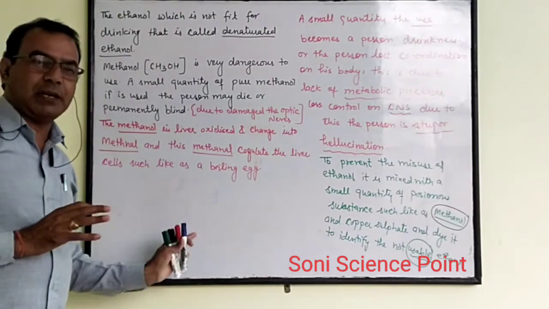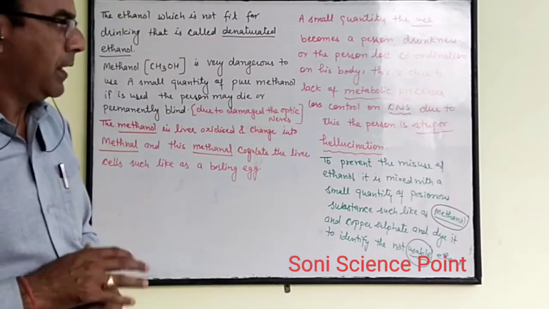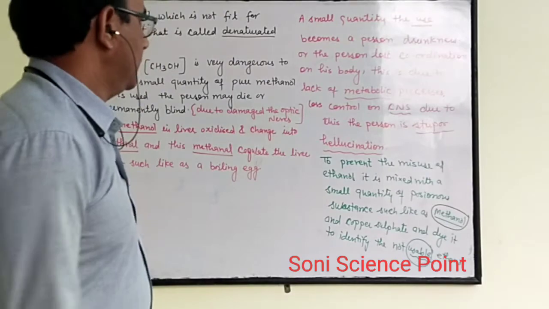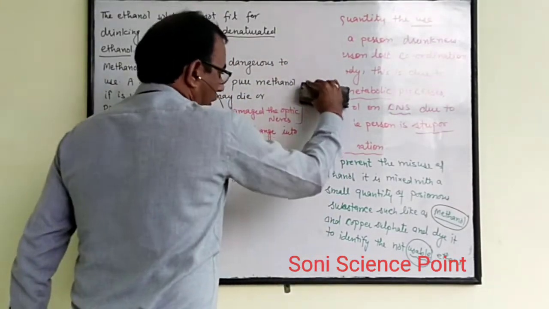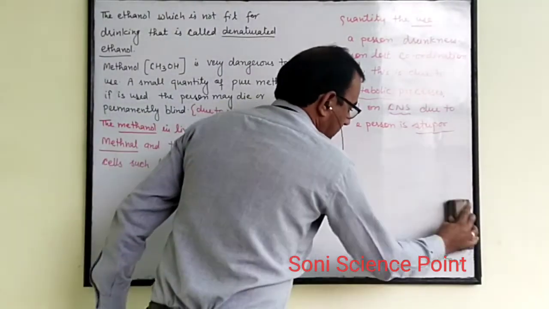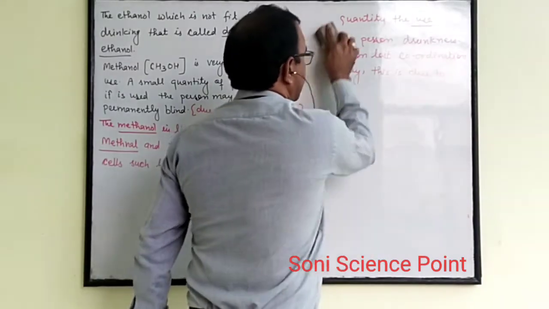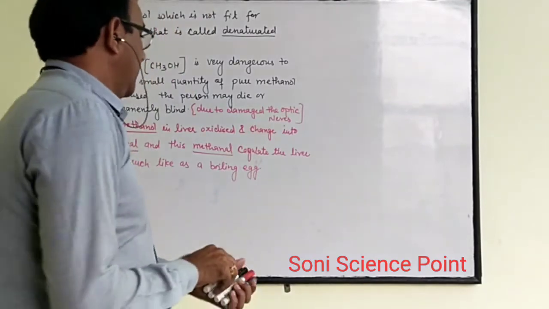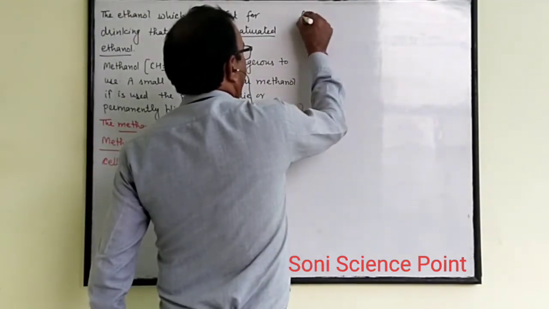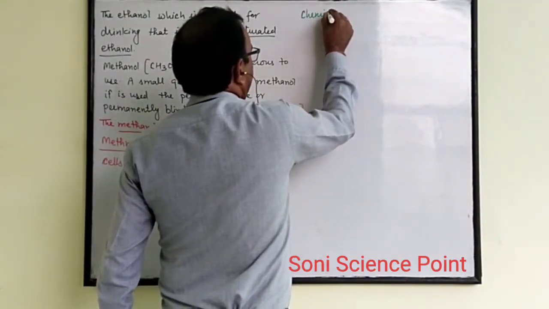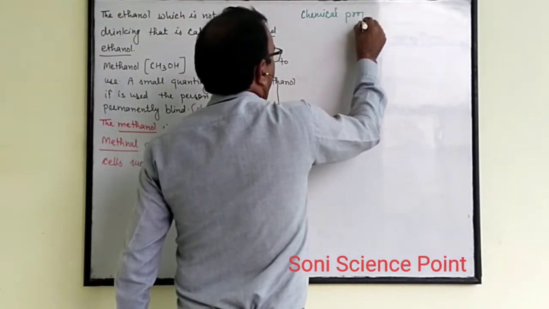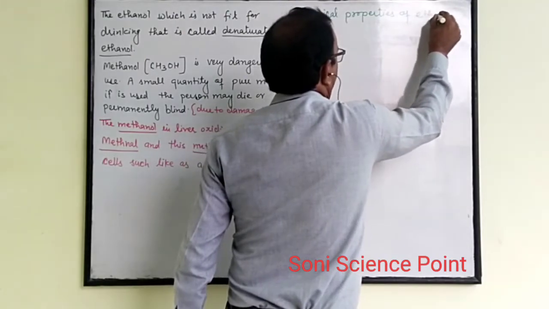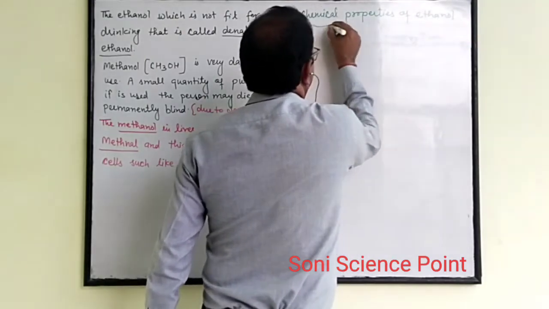These are the physical properties of ethanol. And next, the chemical properties of ethanol. All these processes which we have already studied are the physical properties. Now, what are the chemical properties of ethanol?